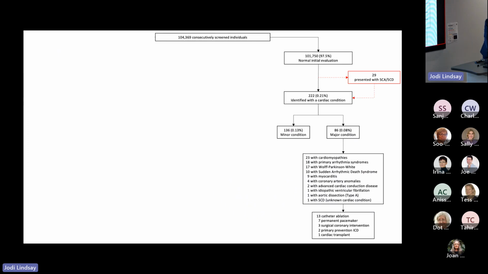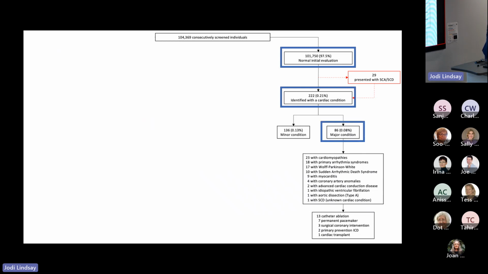But let's look at the other side. So those are the individuals that we clear, 97.5%. And from them, based on the data during follow-up, 222 were identified with a cardiac condition and 86 with a major cardiac condition, okay?